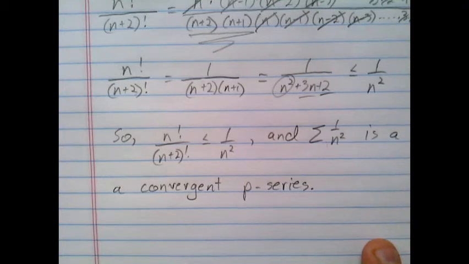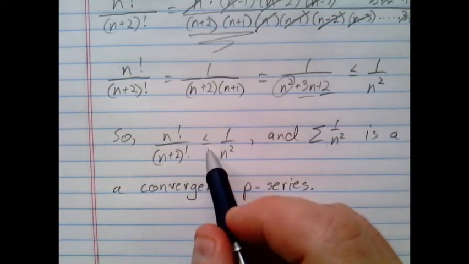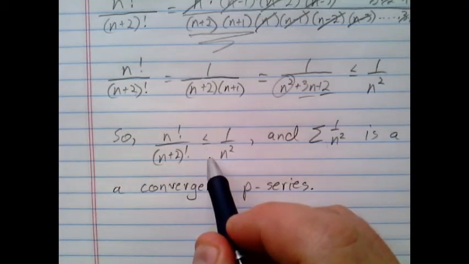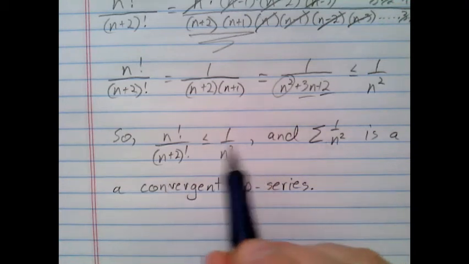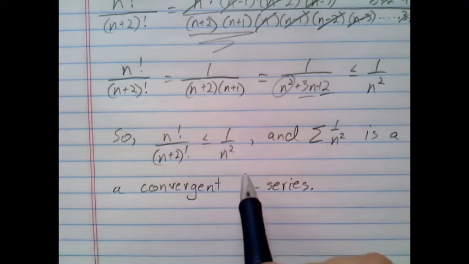Okay, so I've shown that one of the conditions of using the comparison test is met. I've explained why that is met, because I've made a comparison showing that the terms are less than the terms of a convergent p-series.